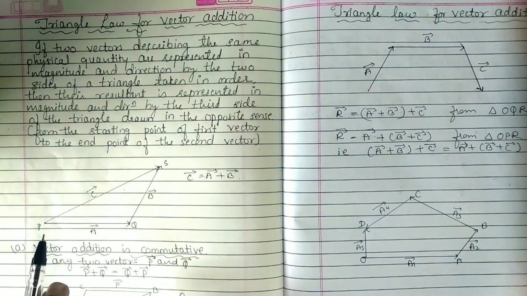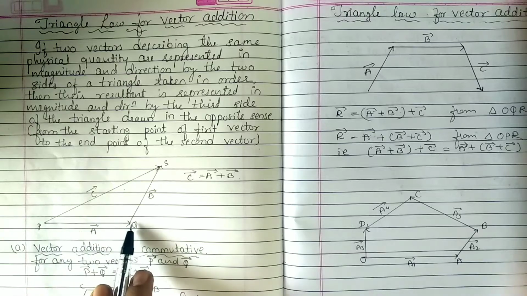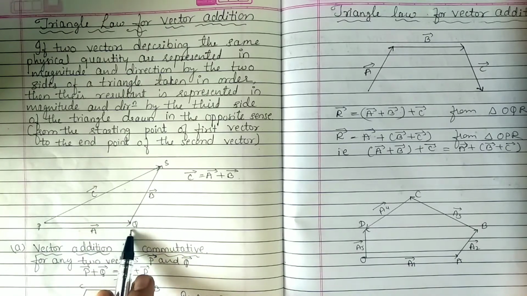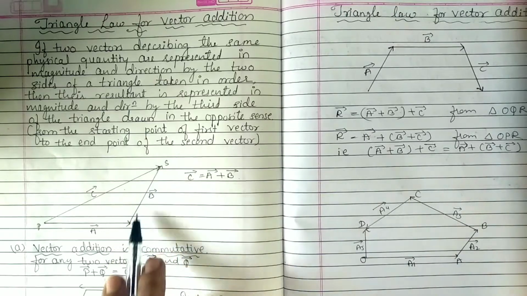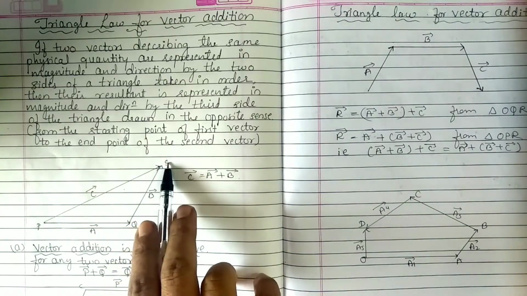What do you mean by opposite sense? P to Q I have drawn in this direction and Q to S is continued in another direction.